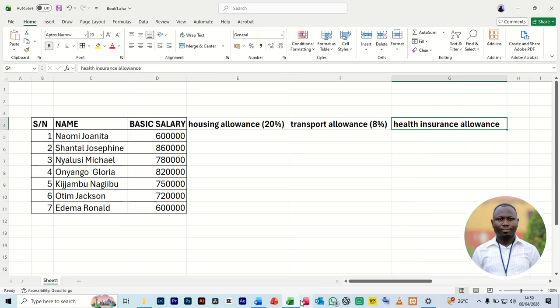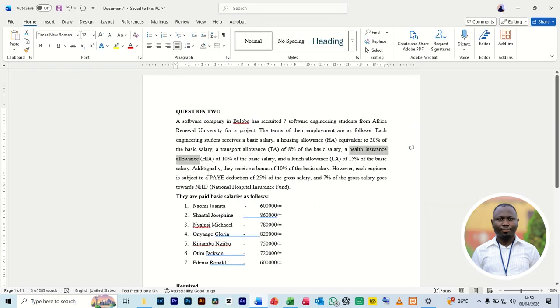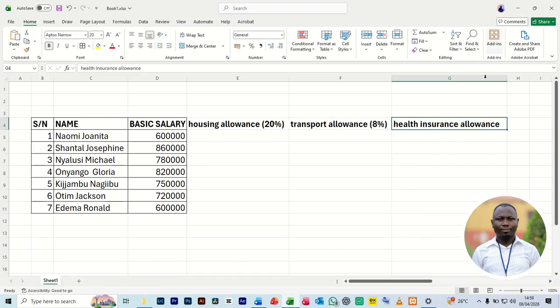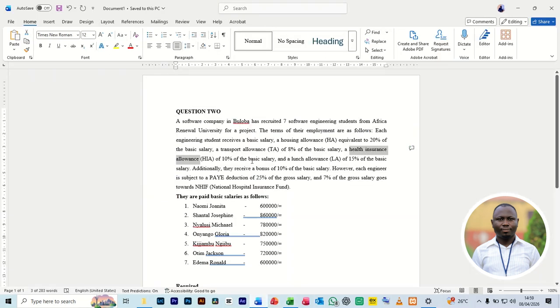And health insurance allowance, they're telling us it's 10% of the basic salary. So we know here it's 10% of the basic salary. We move to another allowance, which is lunch allowance.